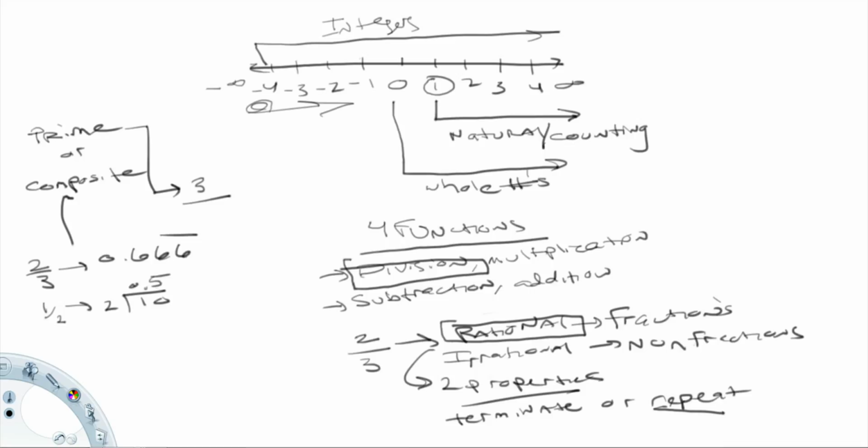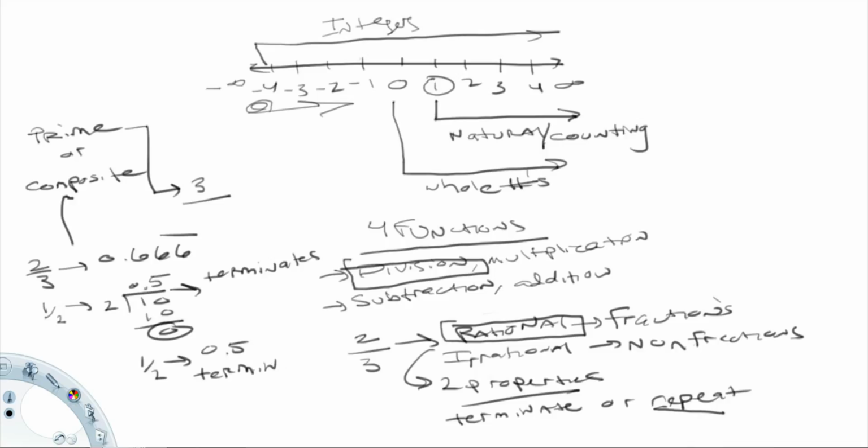That's 10 divided by 2 is 5, with a remainder of 0. And this means that we can no longer carry on with this, and it ends there. So it terminates. So 1/2 in its decimal form is 0.5, and it terminates.